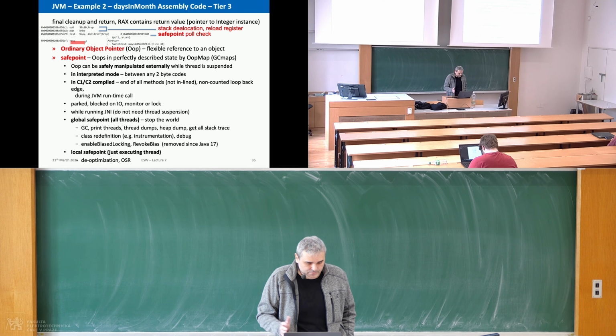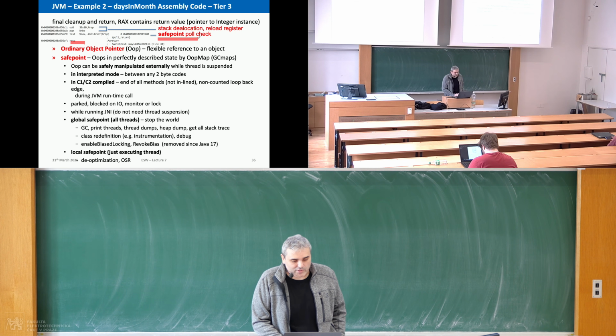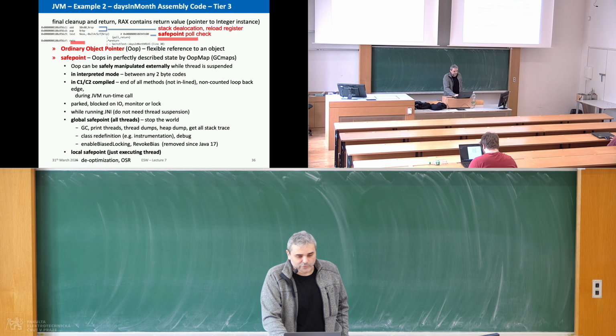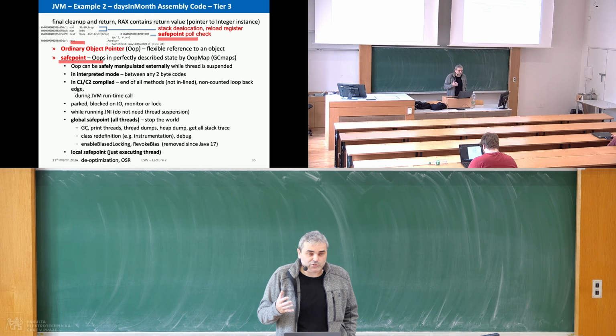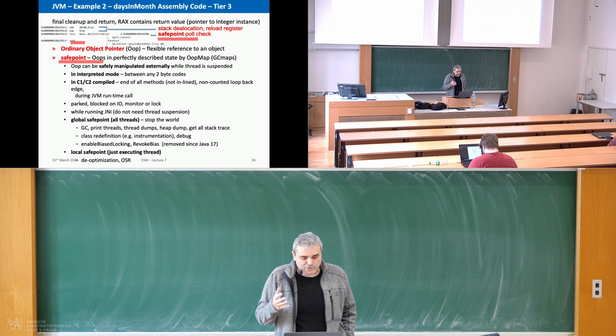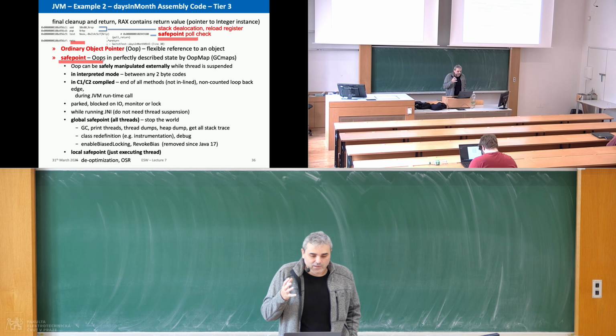There is a return at the end, but before there is a stack deallocation, cleanup, and there is also a safepoint. So what is a safepoint? A safepoint is a special moment in the virtual machine where all OOPs, ordinary object pointers, are in a perfectly described state. Why is it needed?